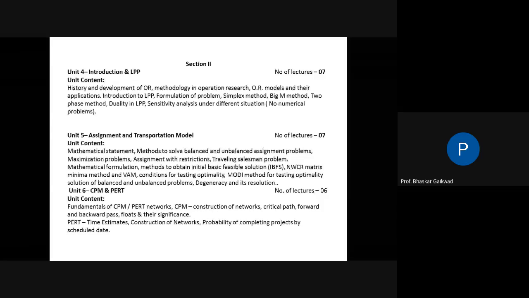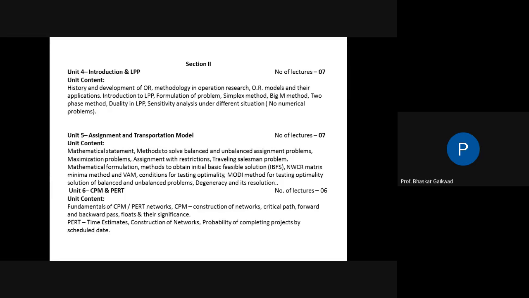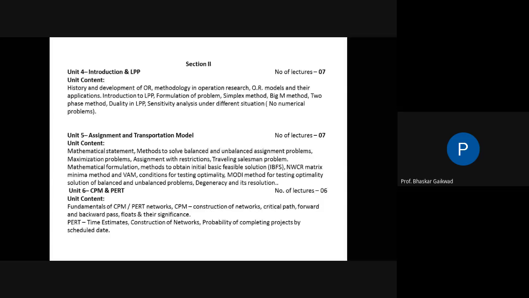This idea is given in unit number 6. If you go through the total content in this subject, all of it is related to our industry. At the same time, all this syllabus is related to GATE as well as the competitive exams.